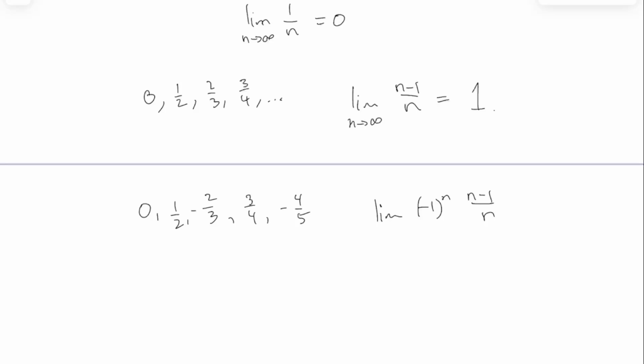Overall, that means there is no single value that everything approaches. So this limit, I'll write that in: this does not exist. Some of these values approach 1, but some approach negative 1, so altogether the whole sequence does not approach any particular value.